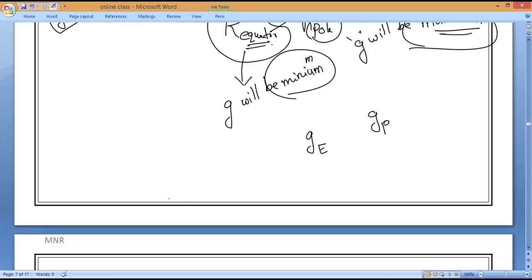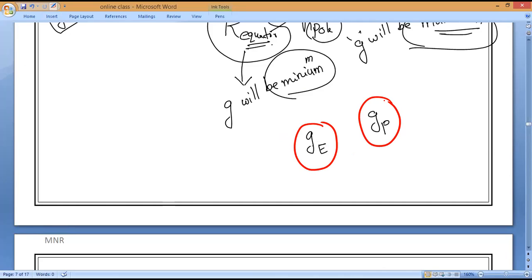Now which is greater? GE is greater or GP is greater? Akilan, gravitational force GE is greater or GP is greater? G. G is greater. Wow, super.